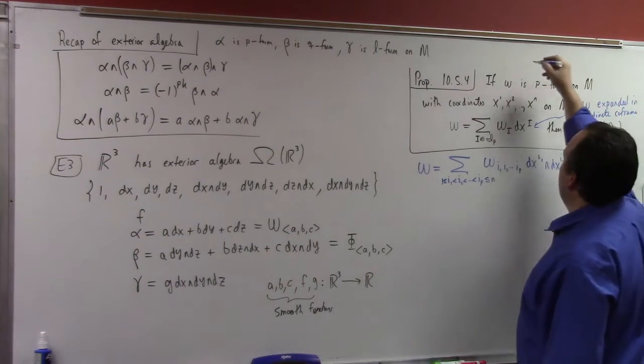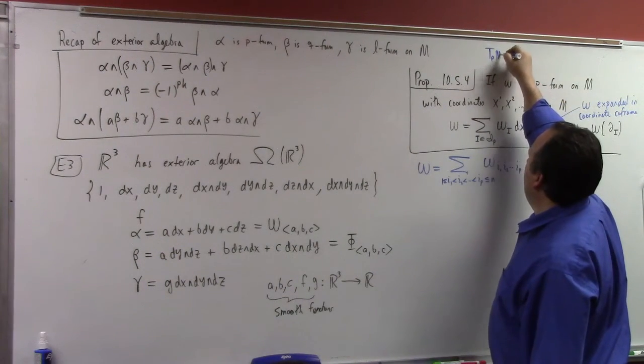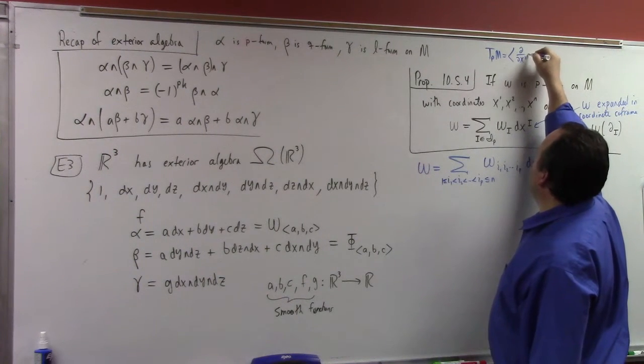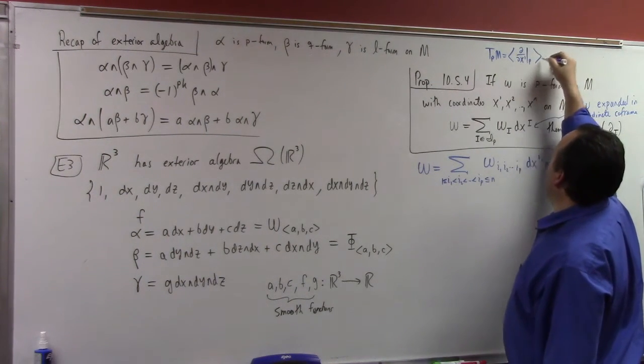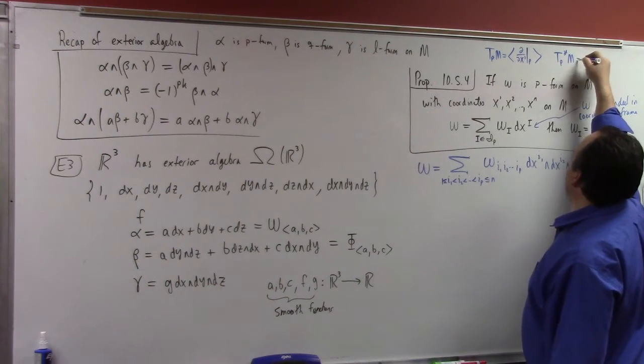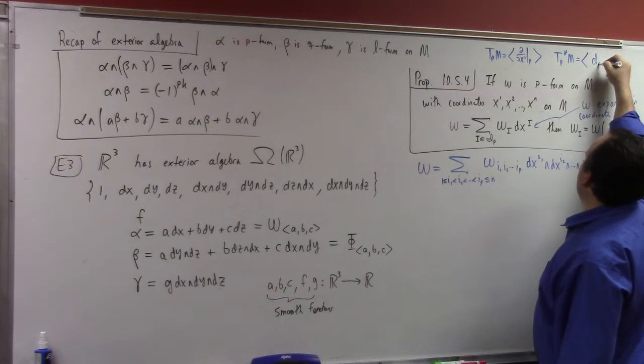So remember TPM is like partial xi, right? At the point P. Well, the coordinate coframe, TP star M, is dpxi.